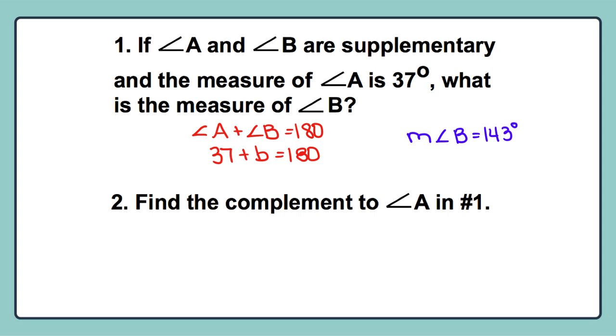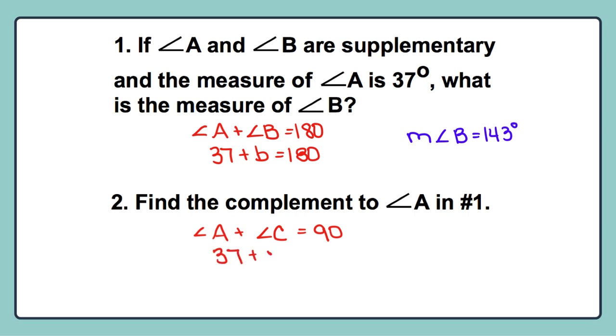All right. Number 2, we want to find the complement. What does it mean about complement? Adds to 90. So we have angle A, and we want to add it to its complement. So we'll just say angle C, and they have to equal 90. But what do we know about angle A? Angle A is 37.